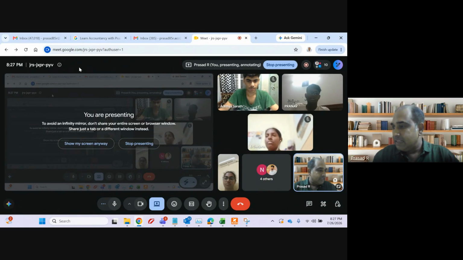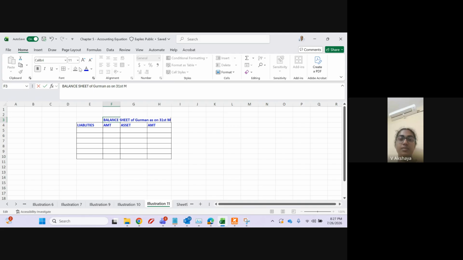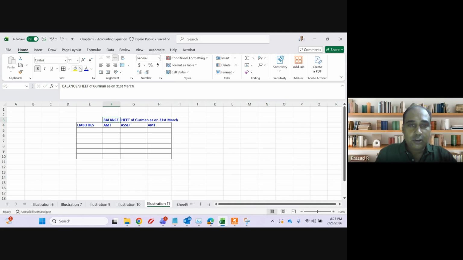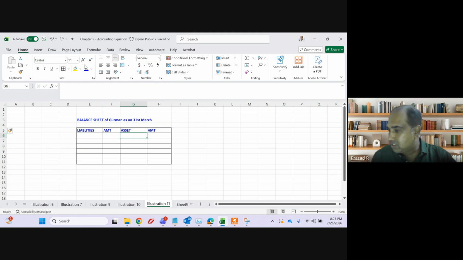Gurman commences cloth business on 1st April 2025 with a capital of 30,000. On 31st March, this balance sheet of Gurman is as on what date, guys? Not 1st April. Always we prepare the balance sheet on closing date, not on opening dates. So we will prepare the balance sheet as on 31st March.